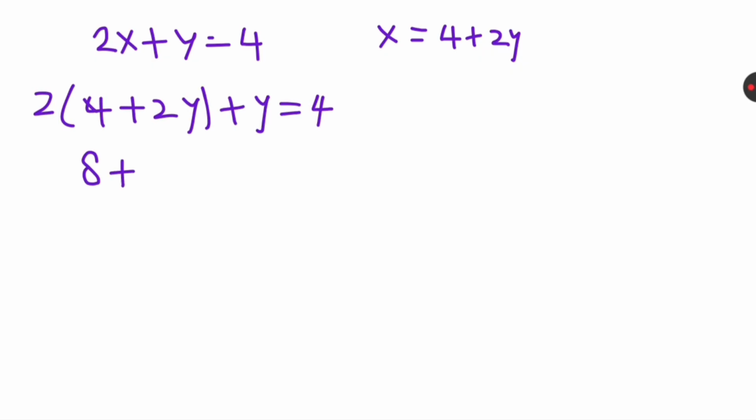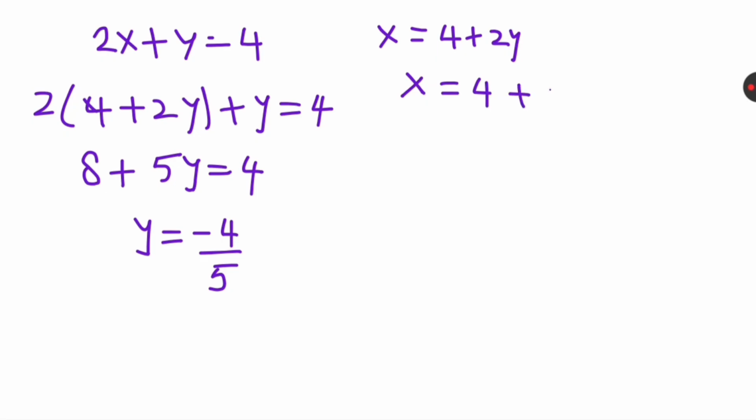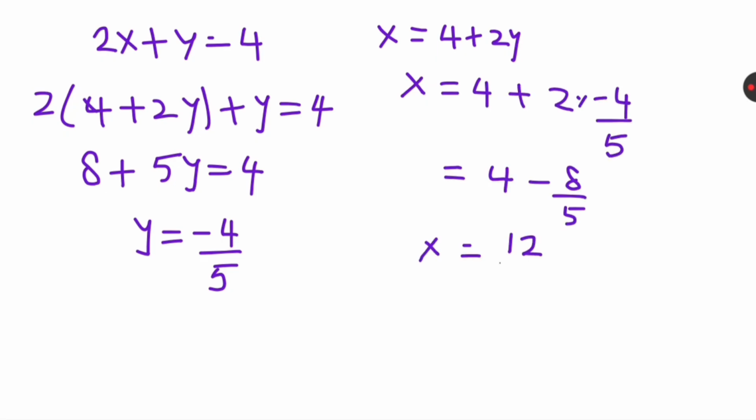So 8 + 4y + y gives 5y = -4, so y = -4/5. So we got the y point. Substituting this in x, 4 + 2(-4/5), the x coordinate is 12/5. So the M point is (12/5, -4/5).